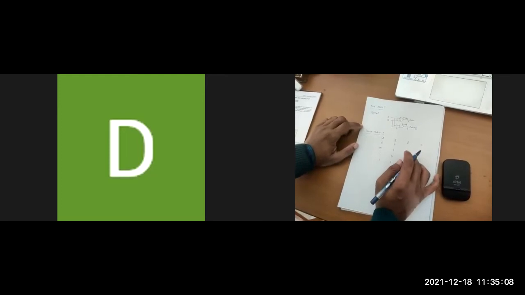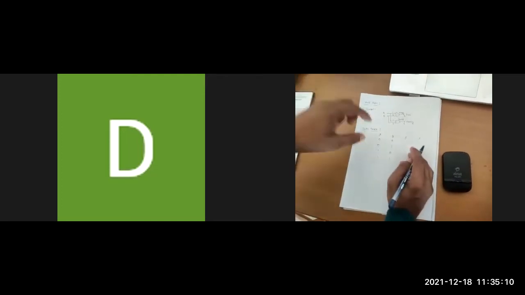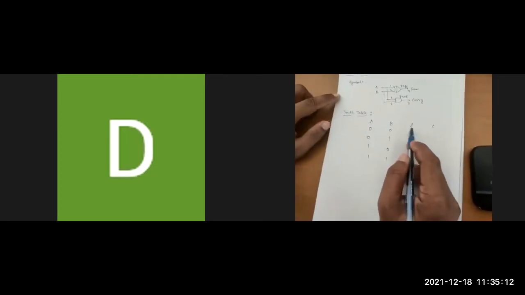Based on this input combination, we get the output for S and C. For the first combination, S is 0 and the carry is also 0. For the second combination, the sum is 1, the carry is 0. For the third combination, sum is 1, carry is 0, and for the fourth combination, the sum is 0 and carry is 1. So this is the truth table for the half adder.